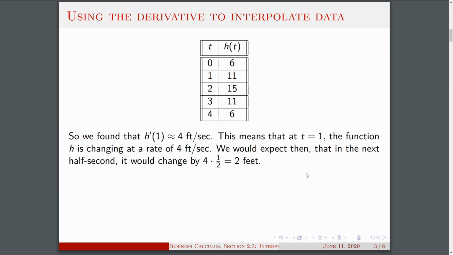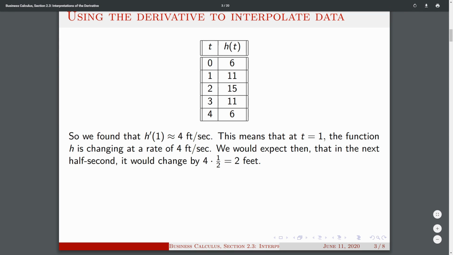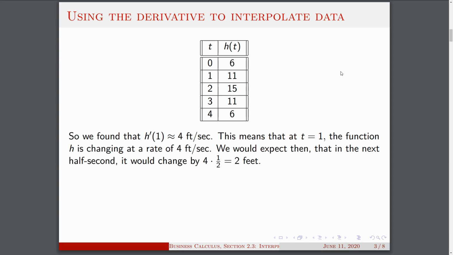Now we're going to learn a new word today called interpolation. We're going to learn to interpolate data. It's a very fancy word for basically estimating what a function is doing for values that we don't have.